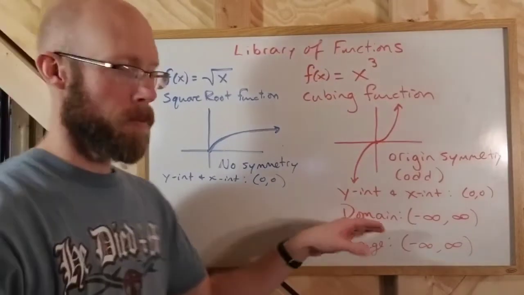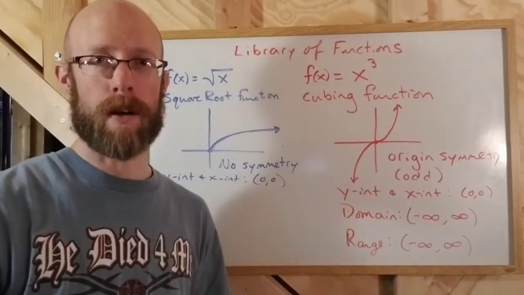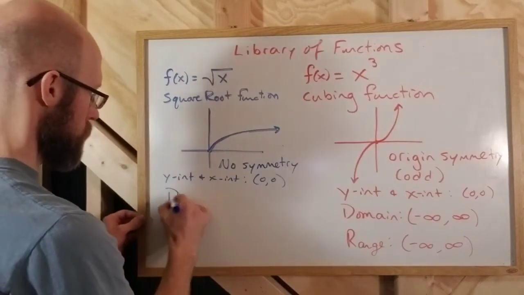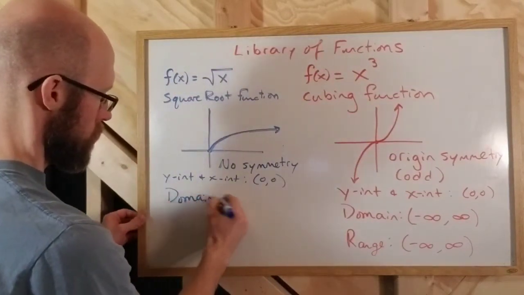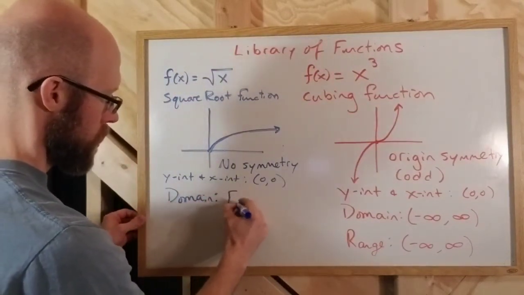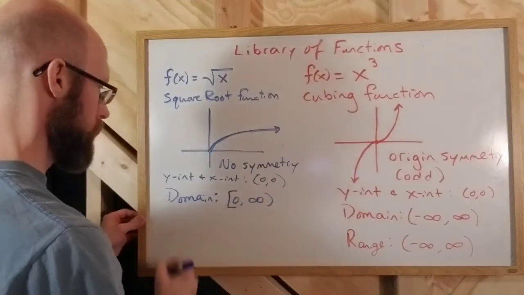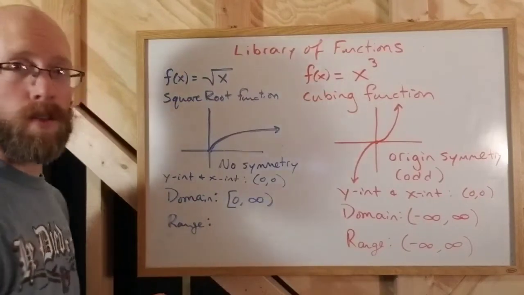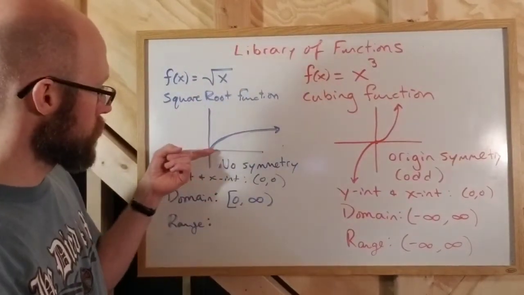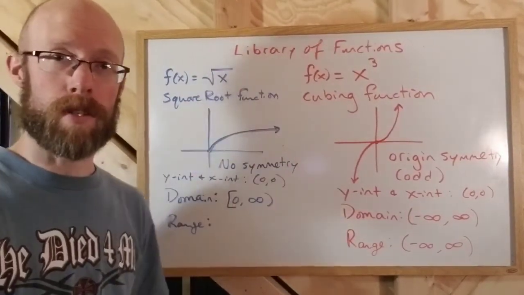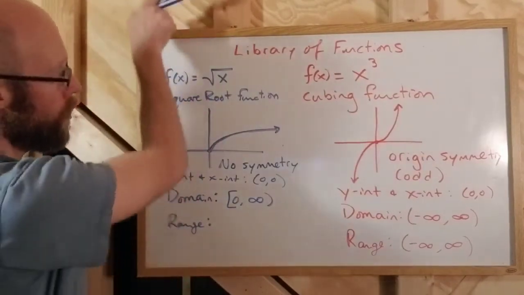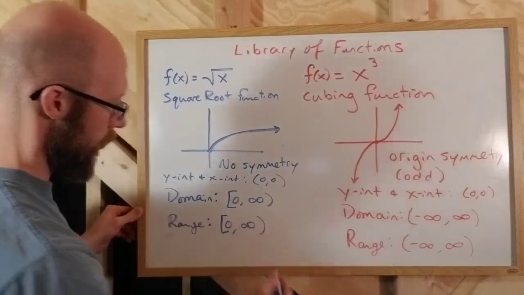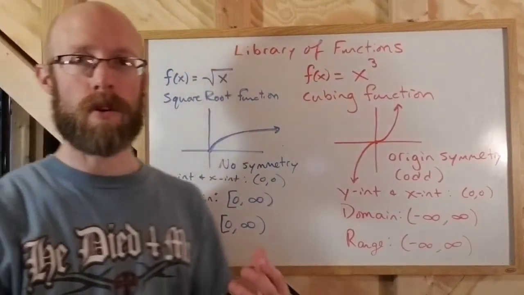The domain, remember, cannot include negative numbers. It's just 0 and positive numbers. So the domain here is going to be 0 to infinity, and then the range, well, the range on this one is, again, 0 to infinity. It's everything shooting up and to the right, or from 0 up. Okay, so again, you can only get out positives or 0 from a square root.